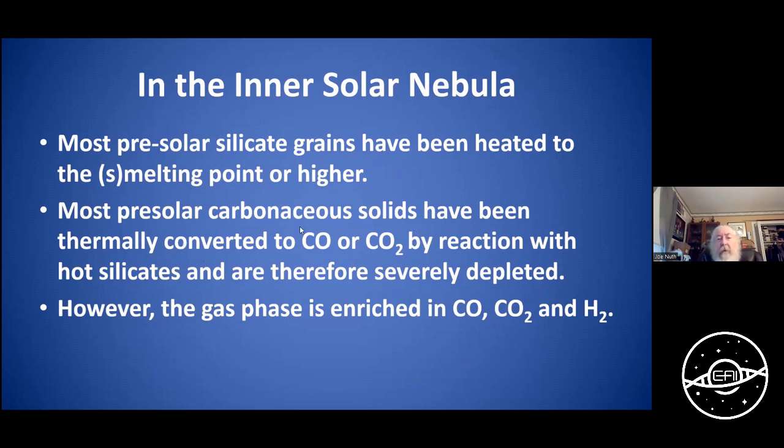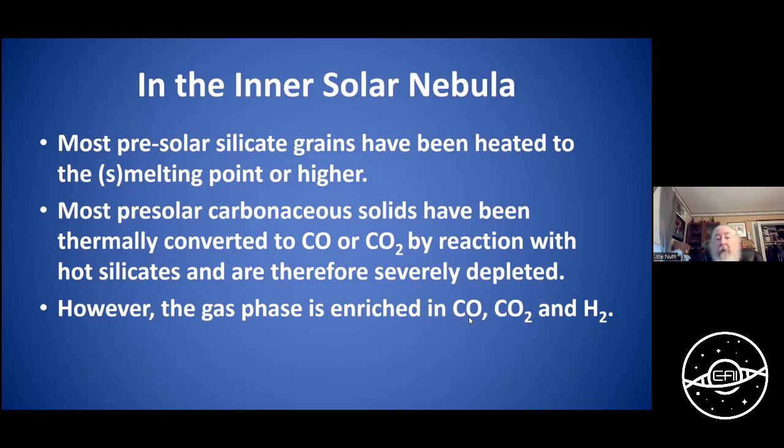So that means that the pre-solar carbonaceous solids that we had, the things that were made in circumstellar outflows, the things that were made in the cold cloud before the collapse, have all been converted to CO or CO2 by reacting with those hot silicates, and therefore they're severely depleted.